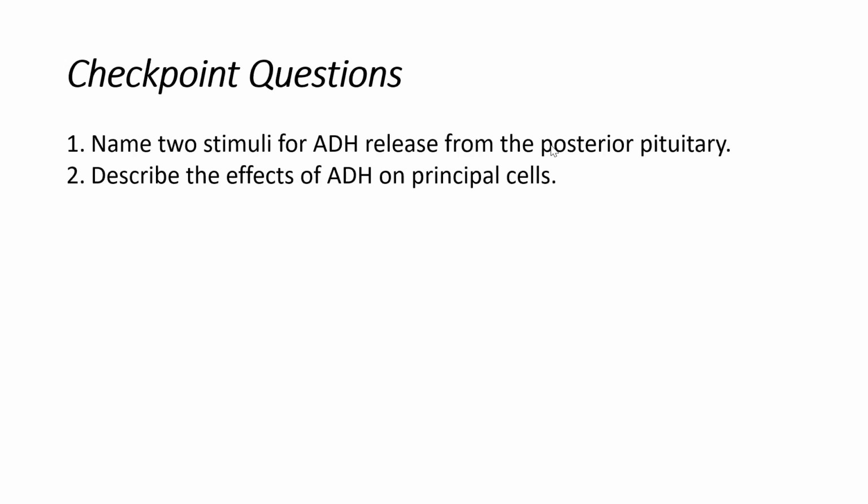It is actually being made up in the hypothalamus where those sensory triggers are coming in and then released from the posterior pituitary. So what are the two stimuli that we said were responsible for ADH release?